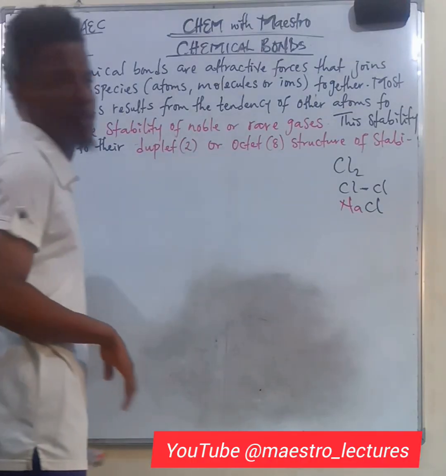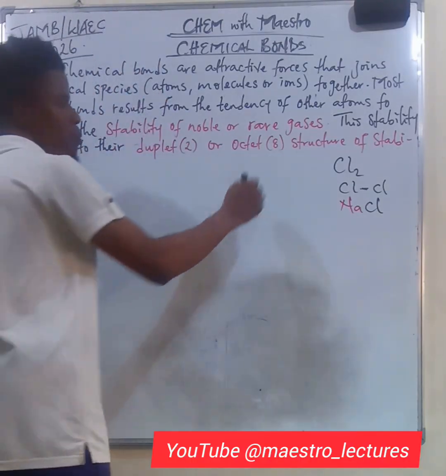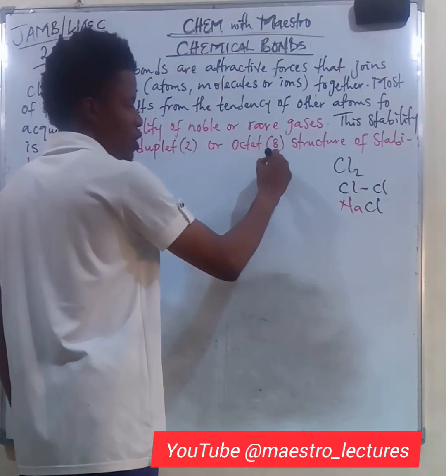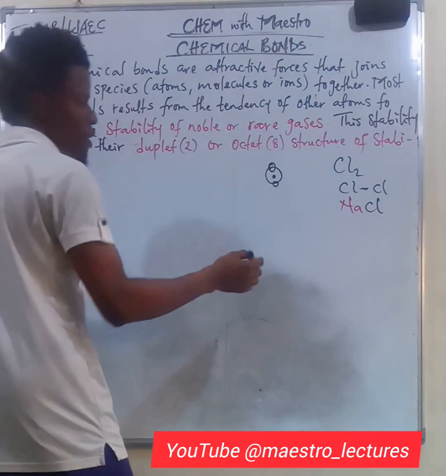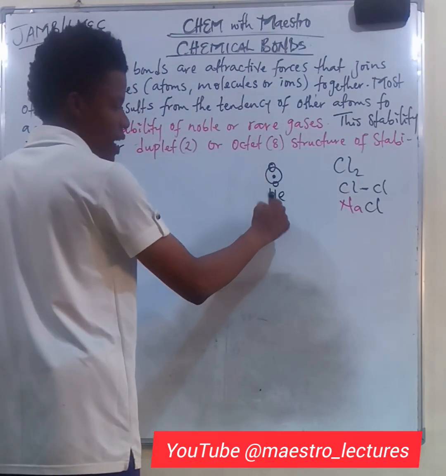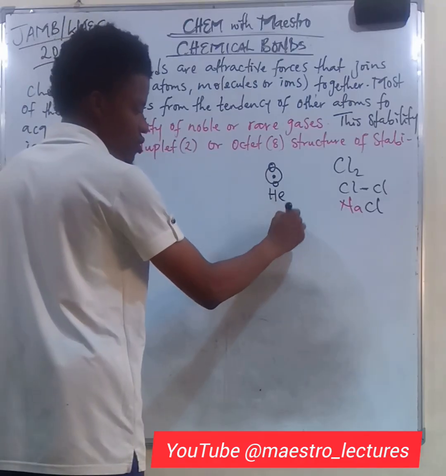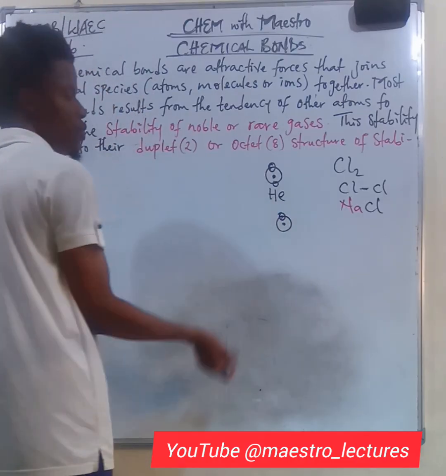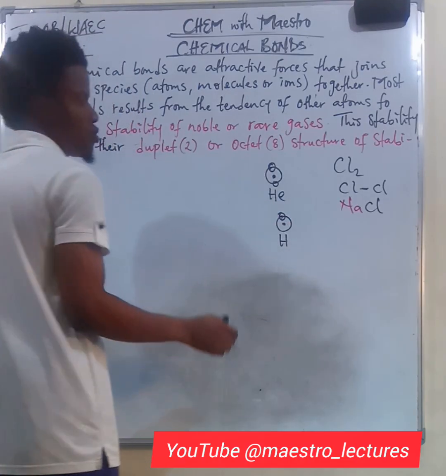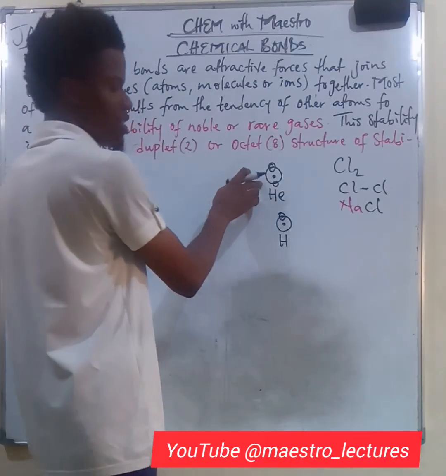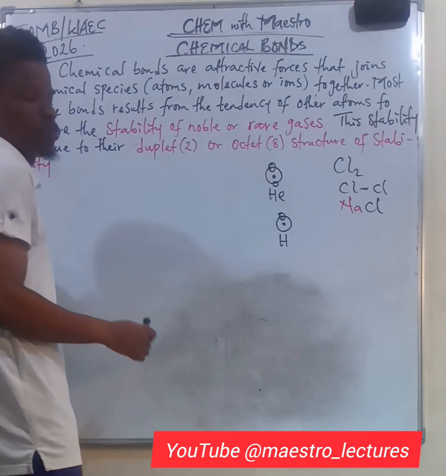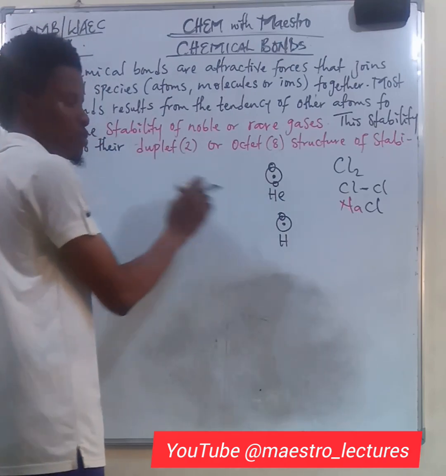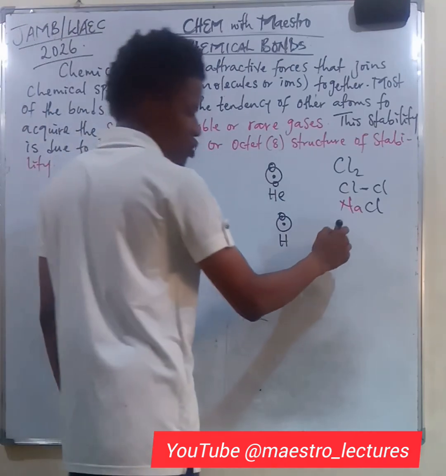So, all atoms are trying to have either the duplet structure of stability, in the case of helium, or the octet. If you look at hydrogen, hydrogen has just one electron. So what hydrogen wants is to achieve the duplet structure of helium. Duplet means two. Then sodium.